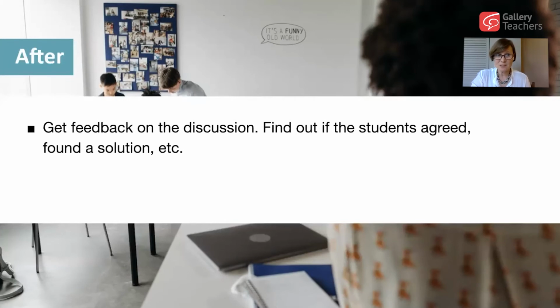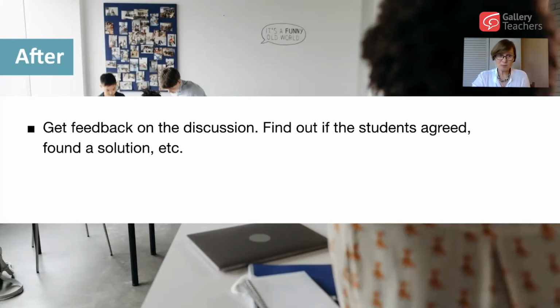After the activity, it's a must to get feedback on the discussion, because the students need to know and understand that you're with them, so you understand what's going on, you could hear what they're saying. And so in this situation, you need to agree. So you need to find if the students agree or disagree with something, if they found a solution, something like that.